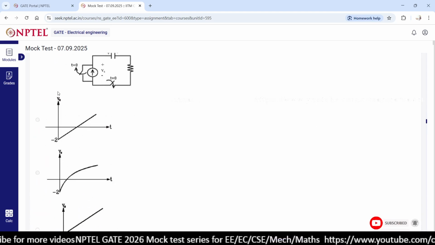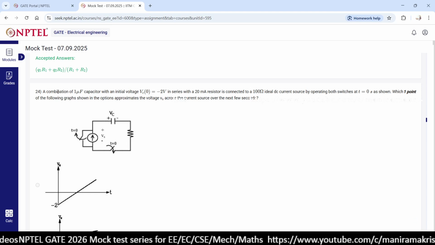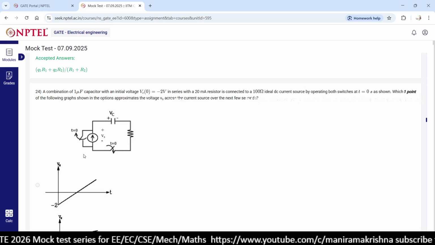Whichever properties are there, you need to identify them and put the answer.